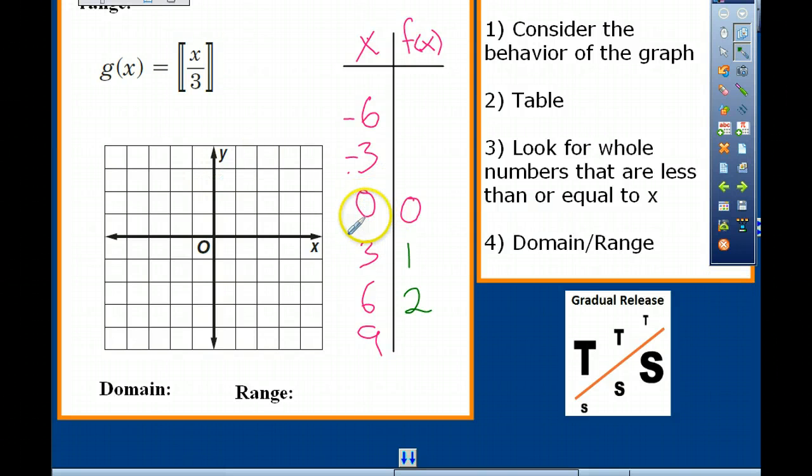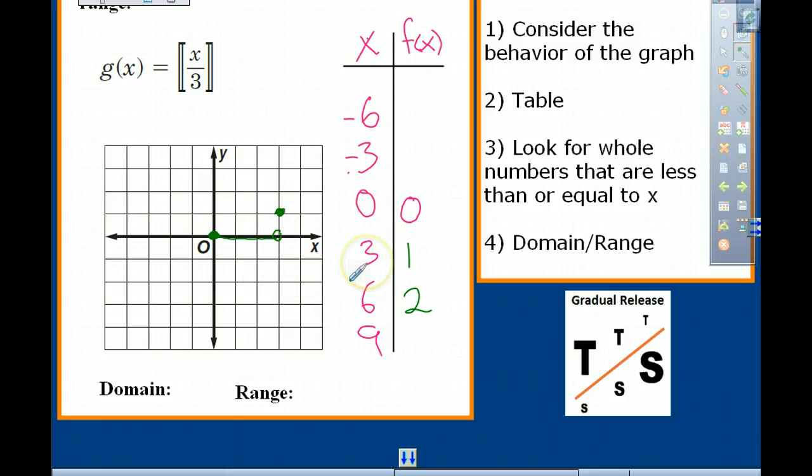So from 0 all the way to 3, my answer is going to be 0. So from this x to this x, from 0 all the way to 3. Because notice how only when I get to 3 does it jump up.